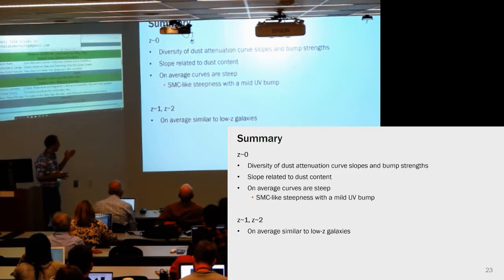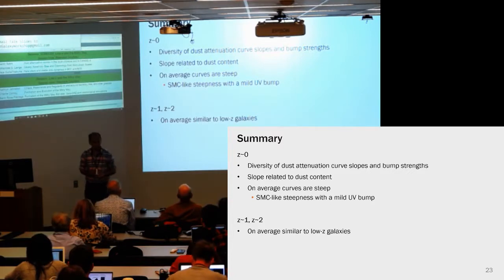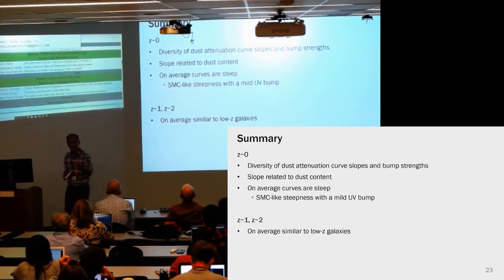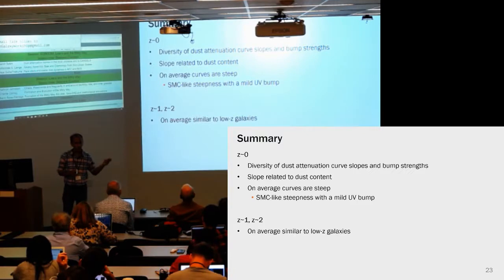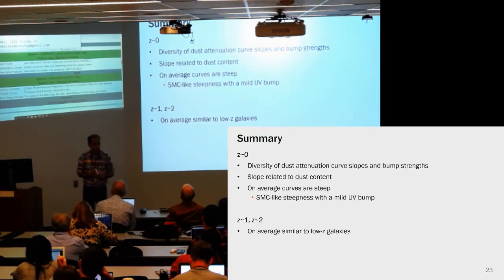And I also showed preliminary results at redshift 1 and 2 using exactly the same analysis, except that we had to give up using the infrared constraints, especially at 2, where we don't really understand where the 24 micron is coming from. And it seems to show that there isn't much evolution in the curve. And that's the case even though the galaxies are dustier and you expect the curves to be shallower.